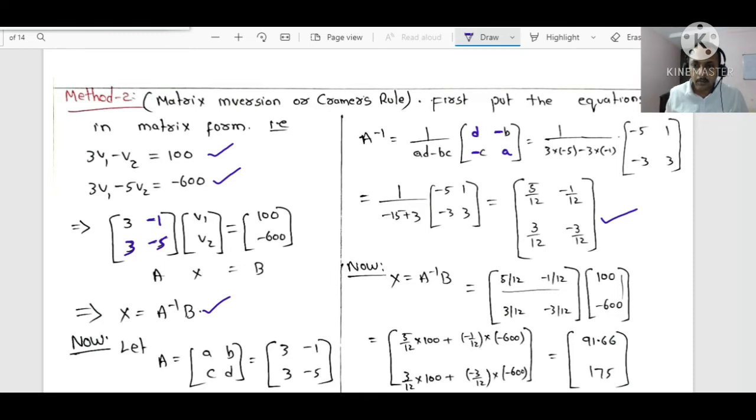Once you know the inverse, it's a simple multiplication of a 2 by 2 matrix with a 2 rows, 1 column matrix.